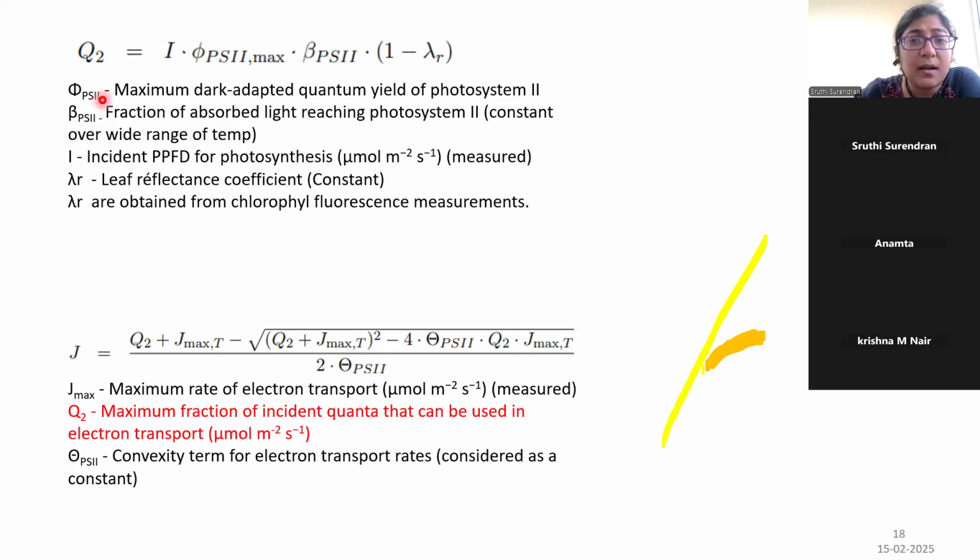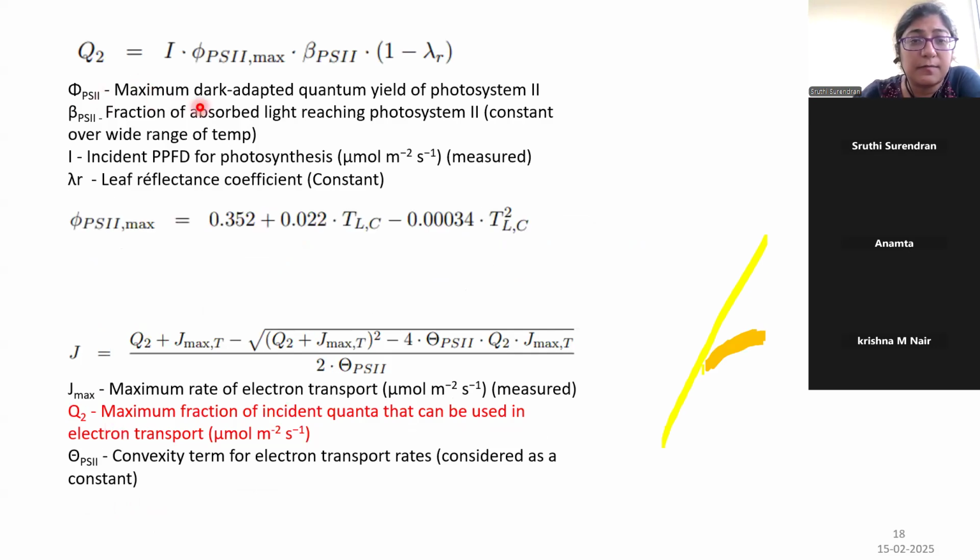Now, like I said, we are not doing any chlorophyll fluorescence measurement. So phi PS2 can also be estimated as a function of leaf temperature. In order to obtain this phi PS2 value, which is the maximum dark adapted quantum yield of photosystem 2, we can estimate it as a function of leaf temperature.